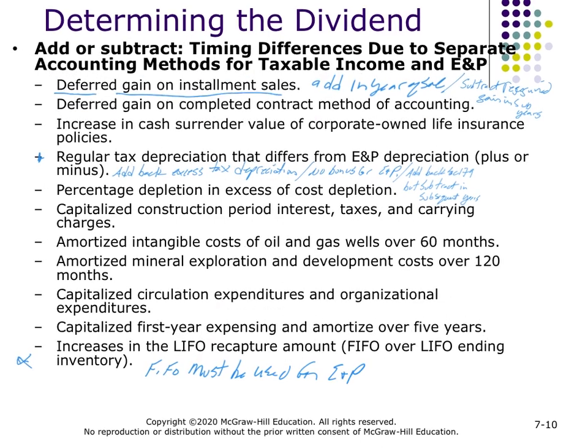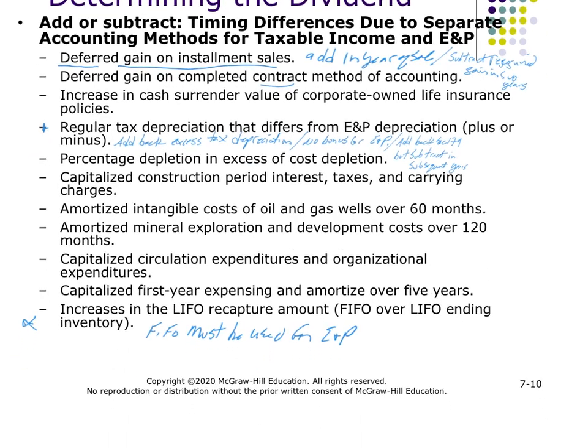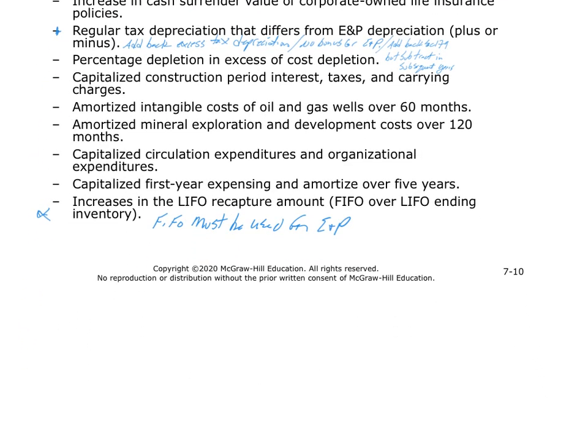We need to talk about long-term contracts. All right, so let's talk about long-term contracts. So here it's referred to as completed contract. You can also have the percentage of completion. Okay. So let's do down here. Long-term contracts. Okay. So for E&P, you have to use percentage of completion.